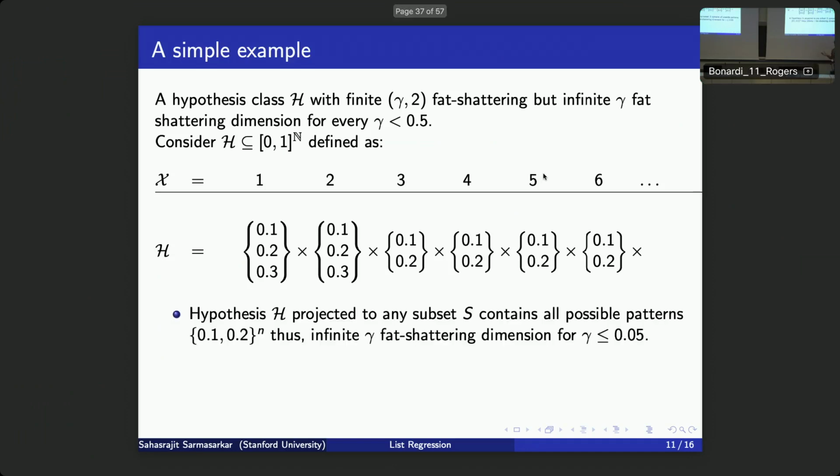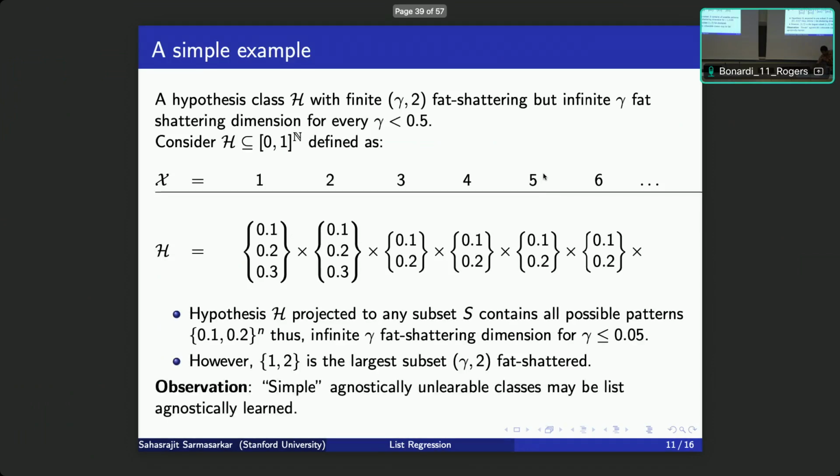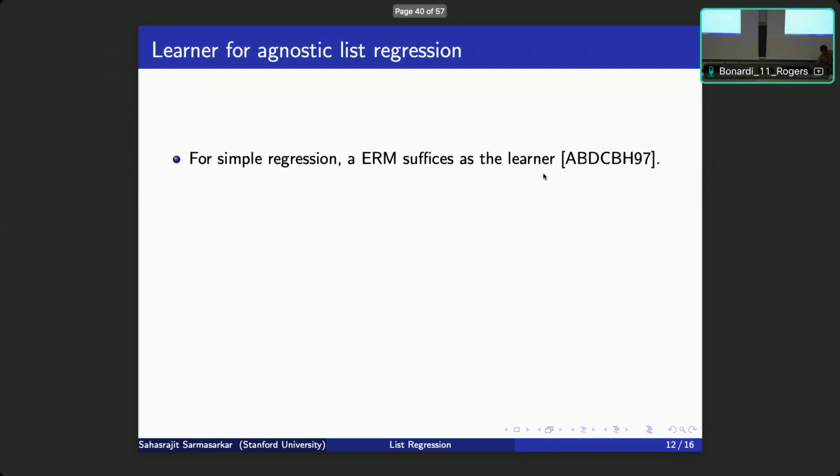One can observe that this has infinite gamma fast shattering dimension for all gamma less than 0.5, but only 1, 2 is the largest gamma 2 fast shattered set. So a simple agnostically unlearnable class may be list agnostically learned. This is a simple hypothesis class which demonstrates the thing we discussed previously.